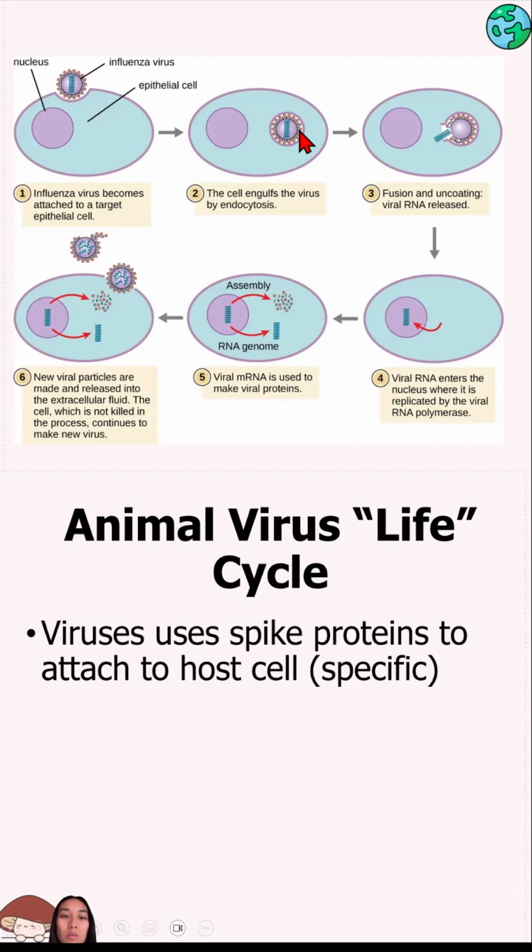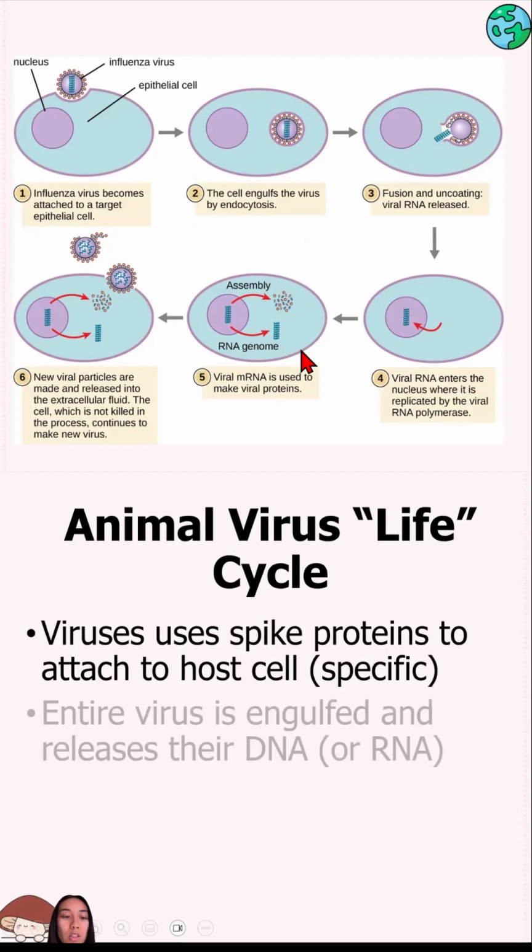So the main difference here is that the whole virus enters rather than injecting its DNA or RNA. So the whole virus enters the host cell, and then it releases its genetic material, whether it's DNA or RNA. That genetic material usually goes to the nucleus or is used directly in the cytoplasm, but regardless, we're making more viruses here. And again, the host is being tricked into making more viruses.